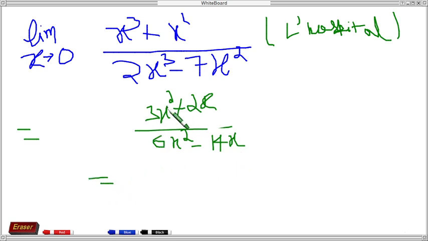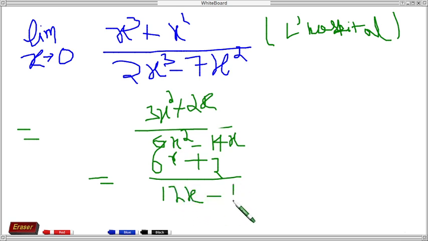You have to again differentiate this. So 6x plus 2, and 12x minus 14, I think. Yes, am I right? Okay, so simply if you put the value, limit tends to 0, you have to write this.